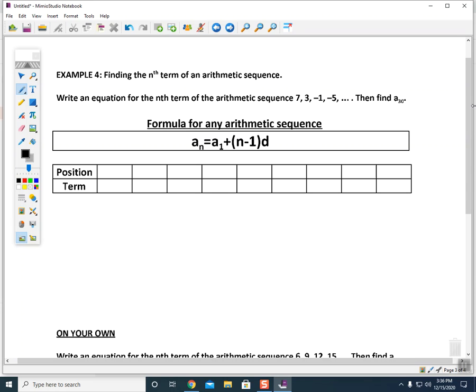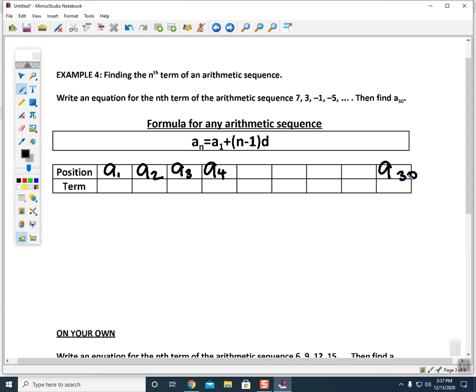So this is telling me to write an equation for the nth term of the arithmetic sequence 7, 3, -1, -5. I've been given 4, so a sub 1, a sub 2, a sub 3, a sub 4. I want to get over to a sub 30.